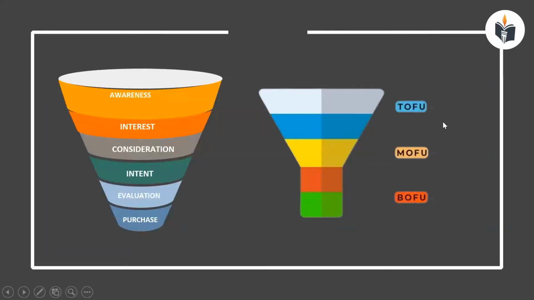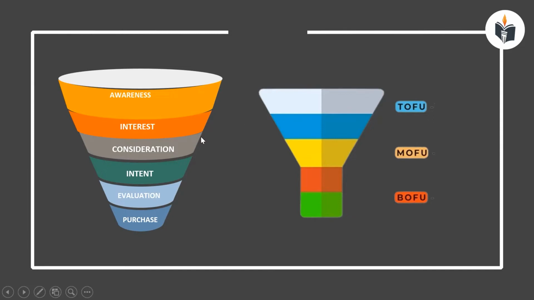So let's begin. First, a little recap from session 1. We are aware of this marketing funnel, right? Awareness, interest, consideration, intent, evaluation and purchase. In short, it is called TOFU, that is top of the funnel, MOFU, that is middle of the funnel, and BOFU, that is bottom of the funnel.